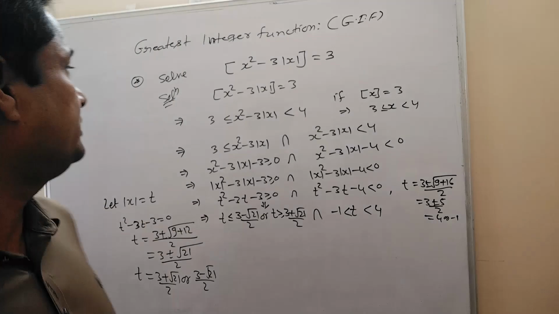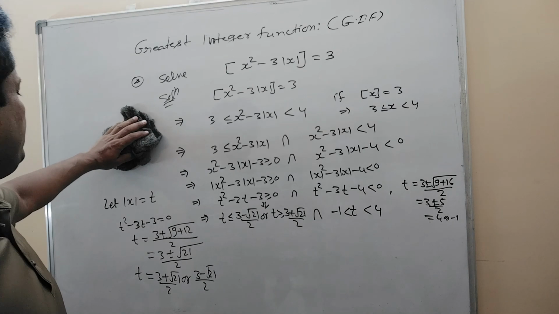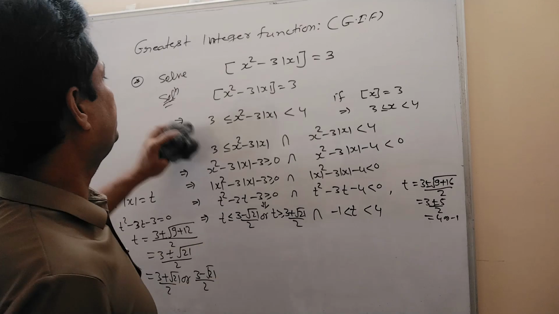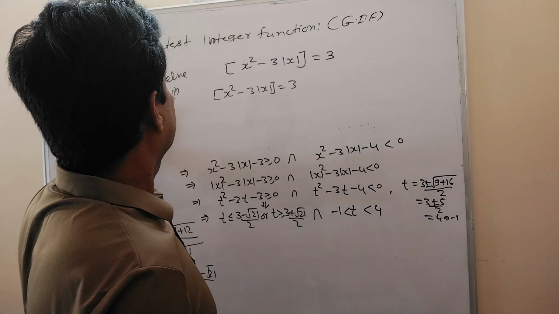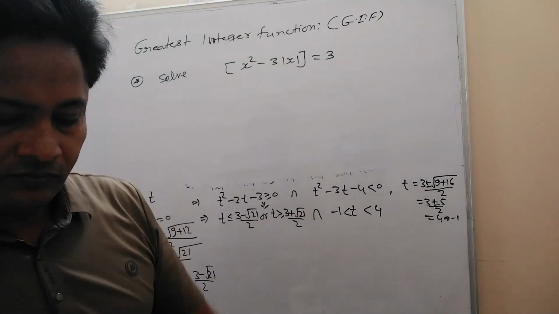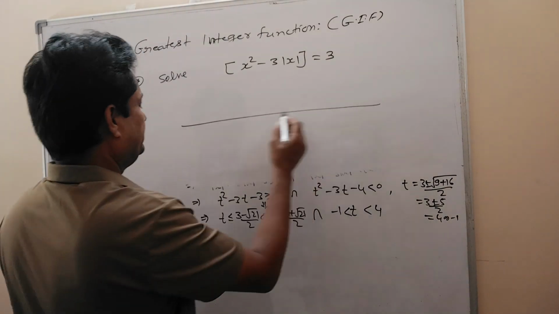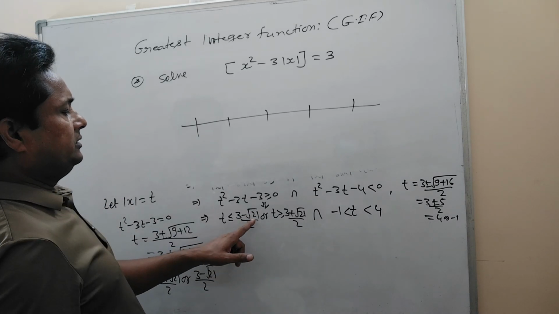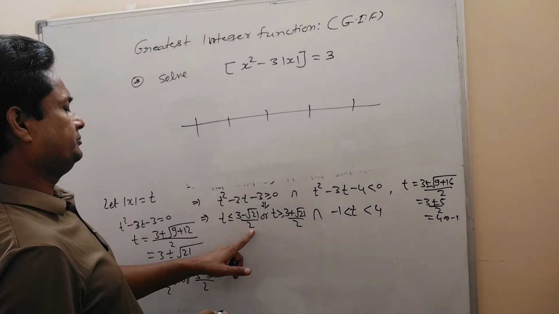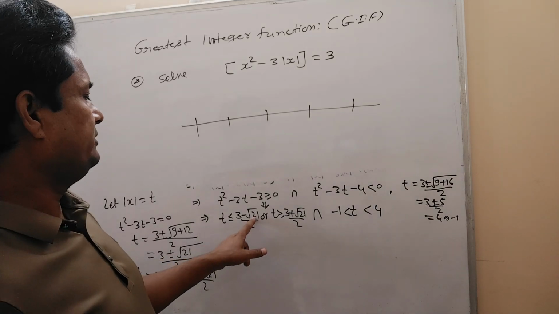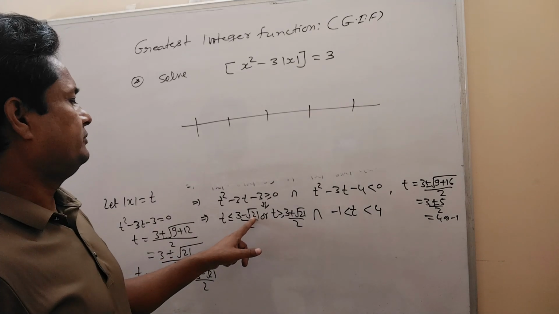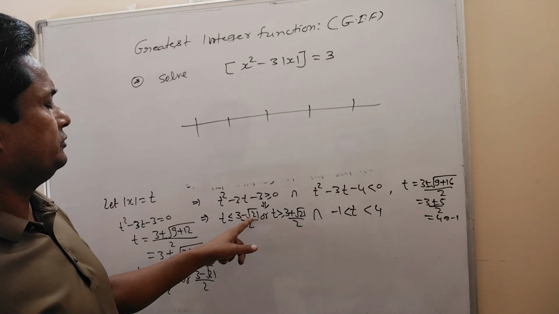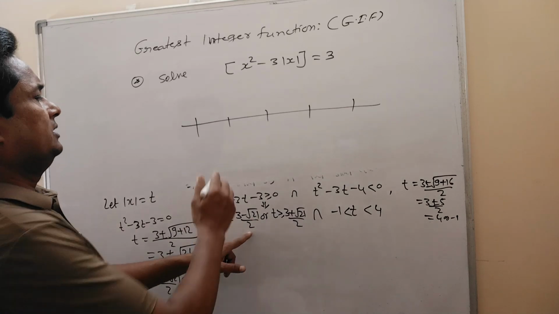Okay. Now take the intersection between these two. What will be your answer? See here. This is 3 minus root 21 by 2, which will be 3 minus 4 point something, so a value less than minus 1.